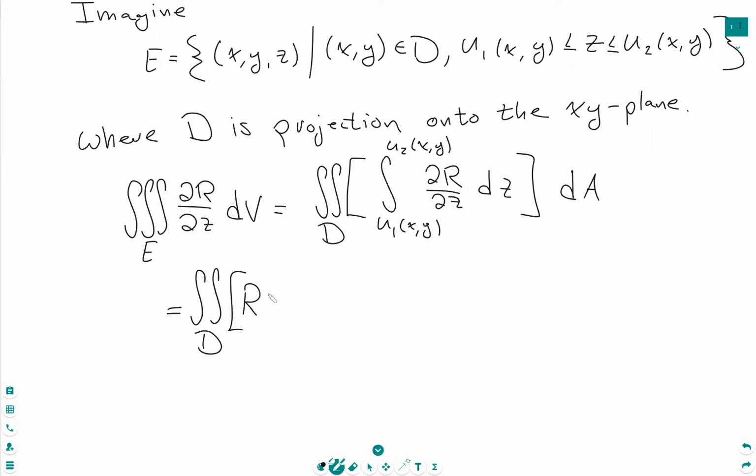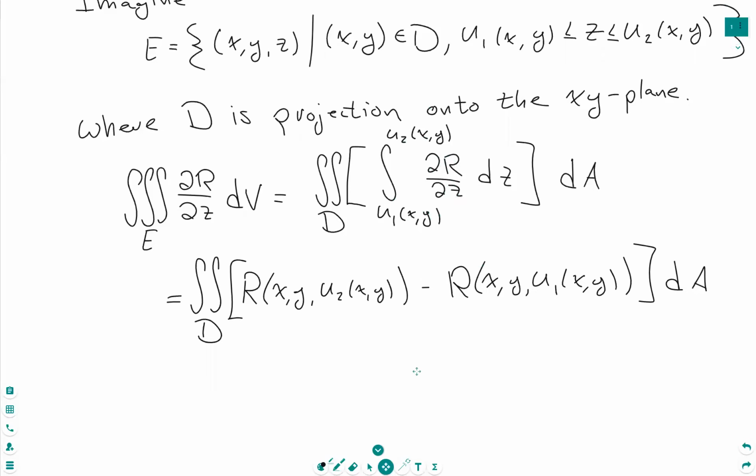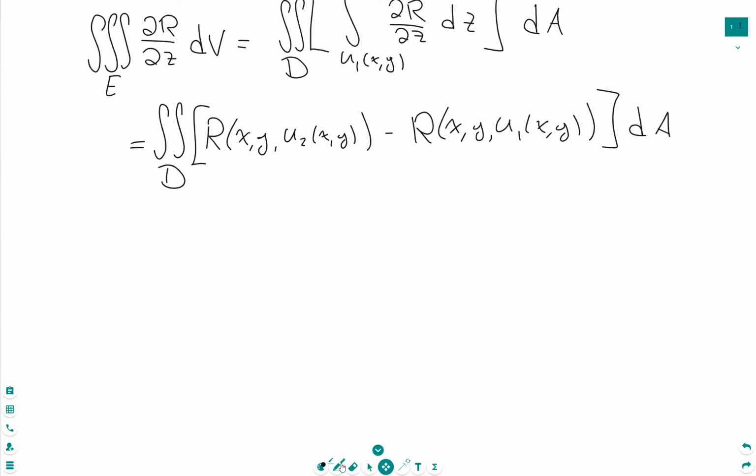So we get R(x, y, u2(x, y)) minus R(x, y, u1(x, y)) dA. All right, so we just use the fundamental theorem of calculus here for our z integral. So now what we're going to do is look at the surface area integral, see if we can match it up with this.